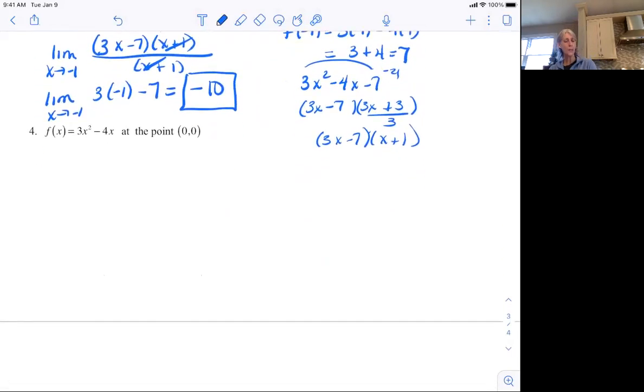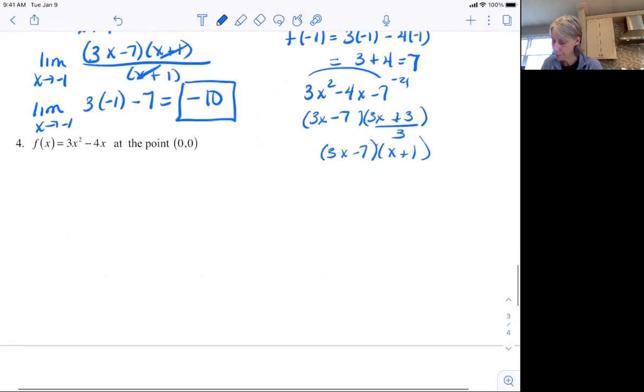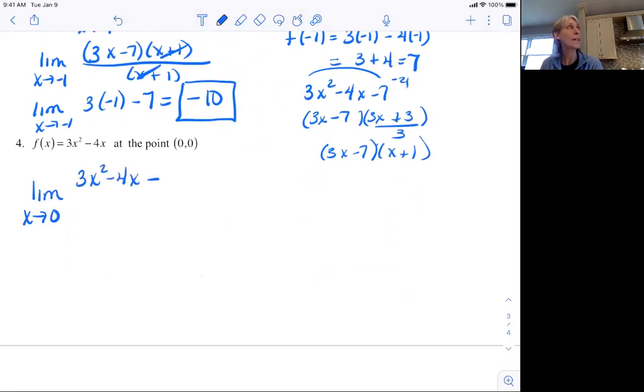In our last example, we're going to do 3x squared minus 4x at the point 0, 0. f of x minus f of 0, you can do this one in your head, over x minus 0. When you see x minus 0 on the bottom, that's really just x.